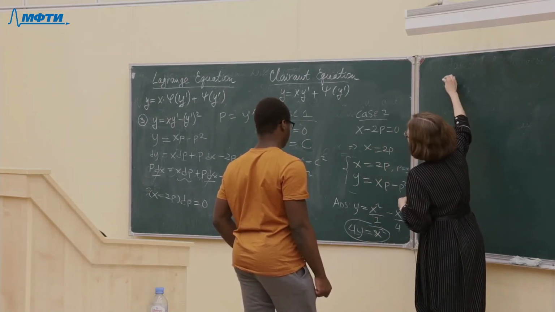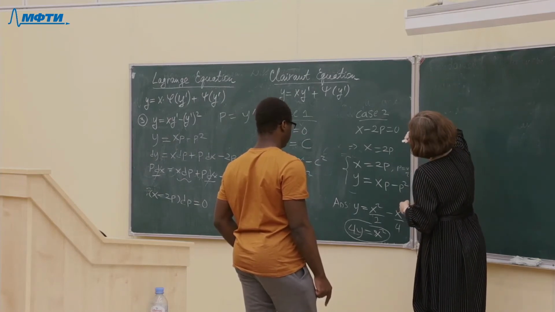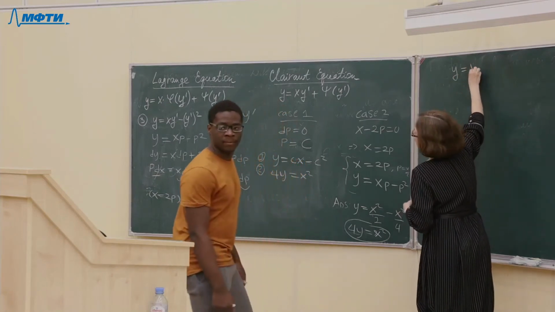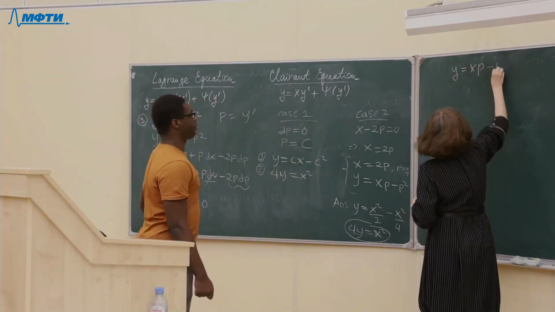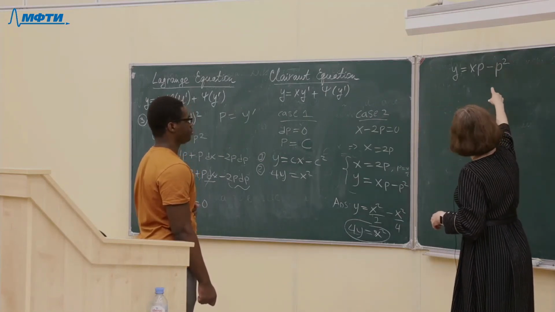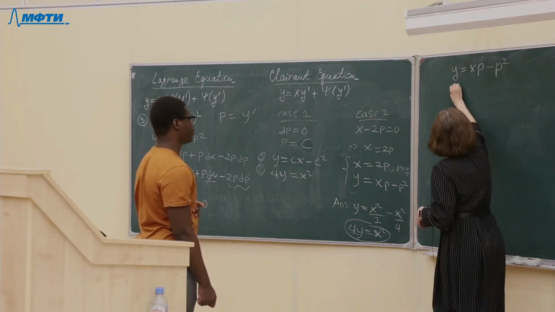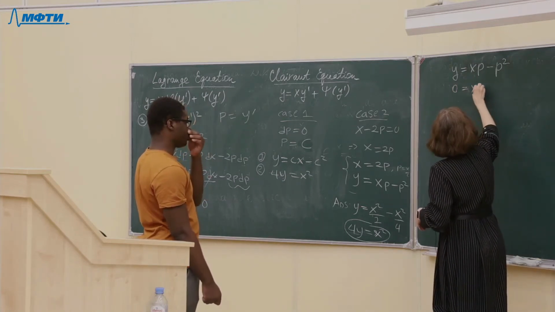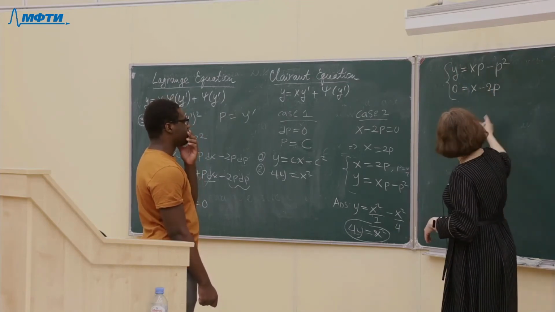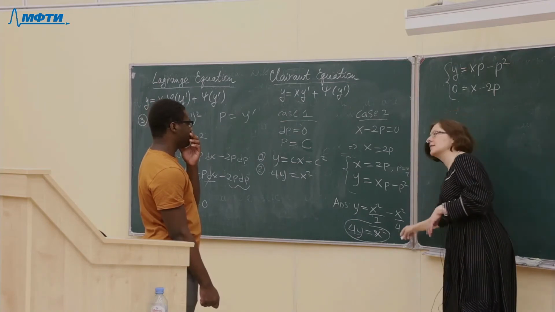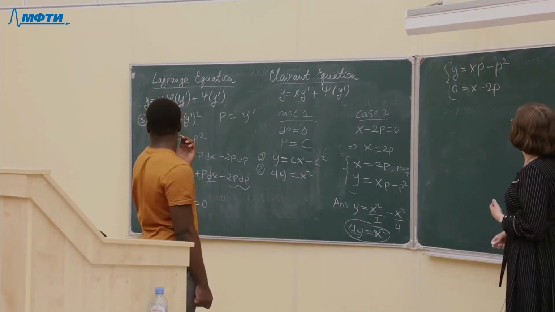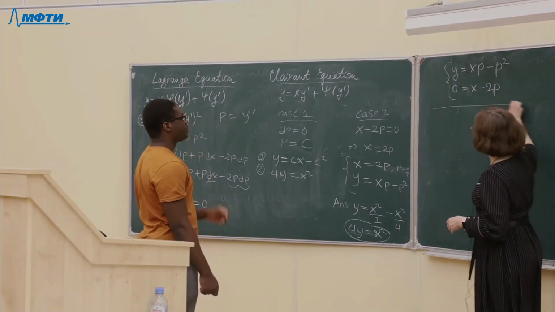We take the equation y equals xp minus p squared first, right? Next, find the partial derivative with respect to p: 0 equals x minus 2p. And solving this simultaneously will give us this solution, right? So this is a p-discriminant.